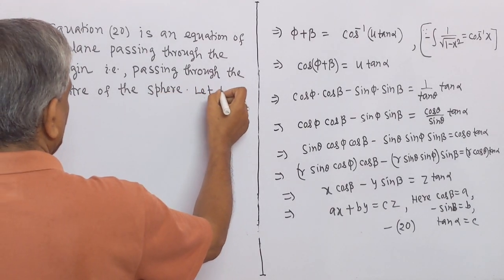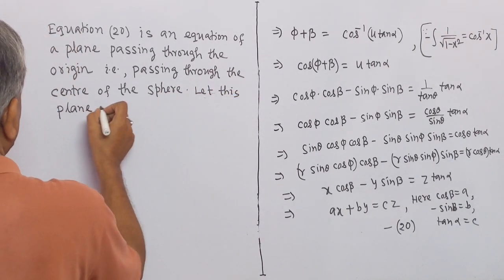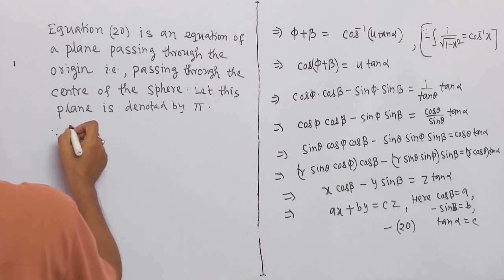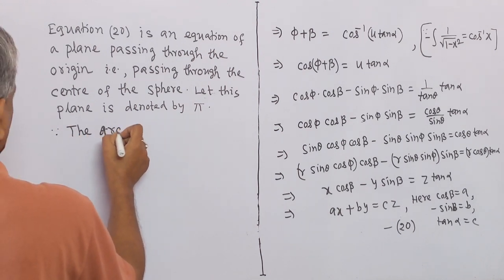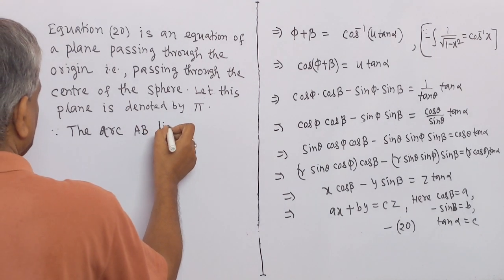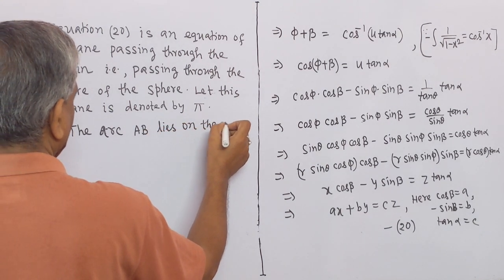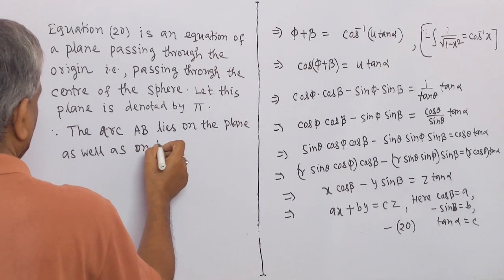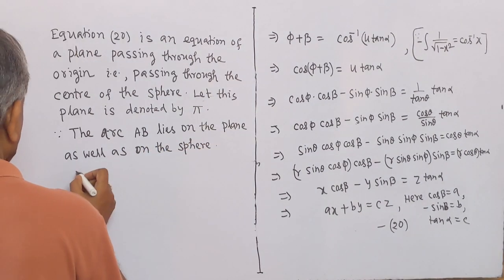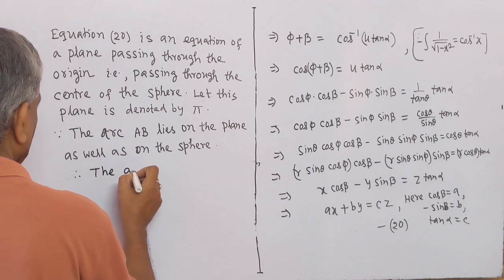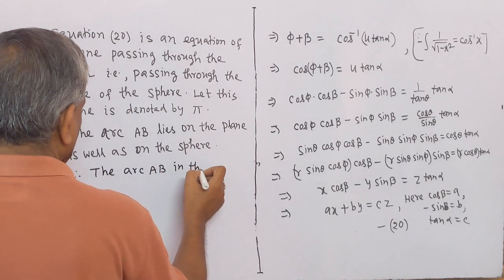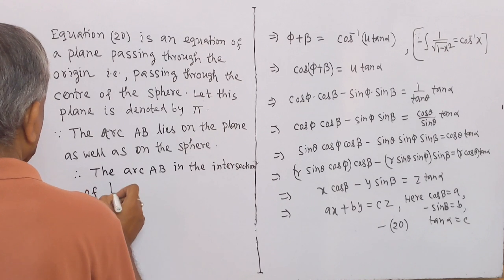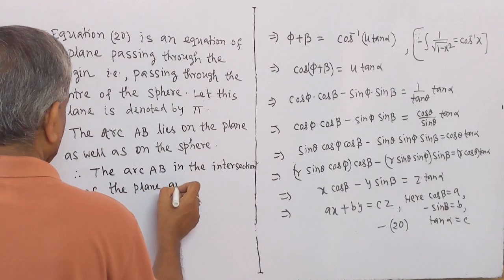Let this plane be denoted by pi. Since the arc AB lies on the plane as well as on the sphere, the arc AB is the intersection of the plane and the sphere.